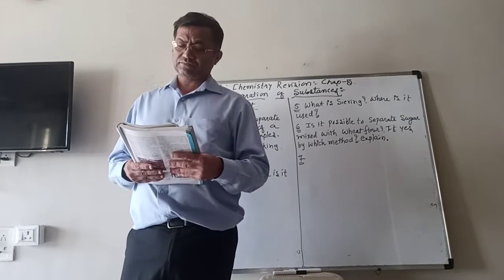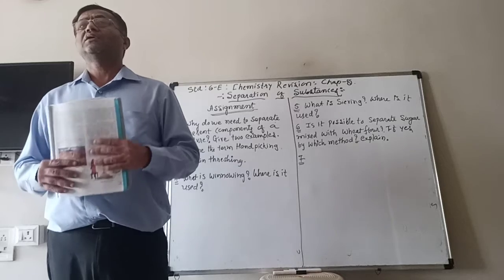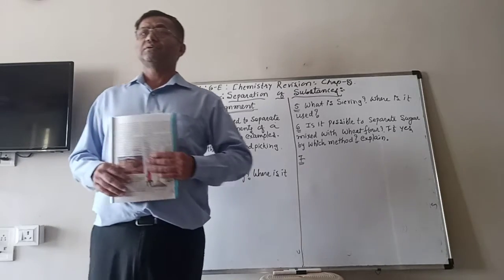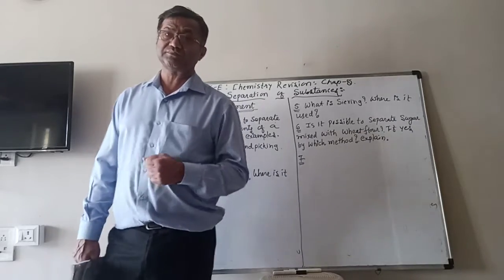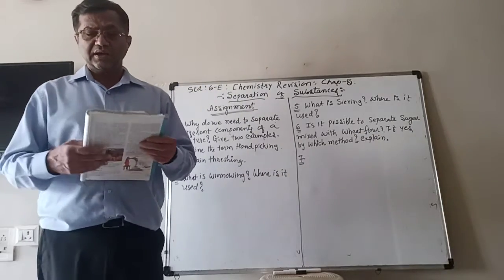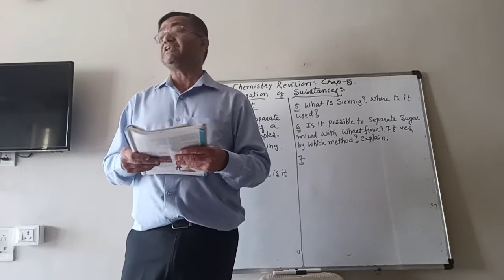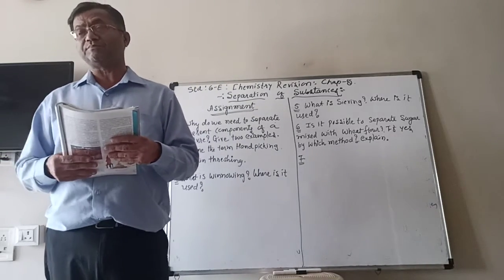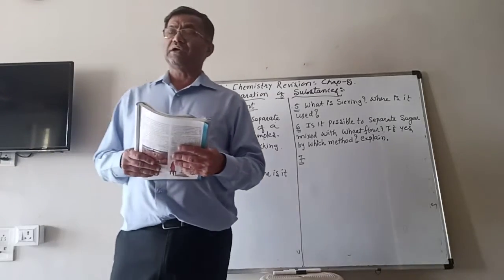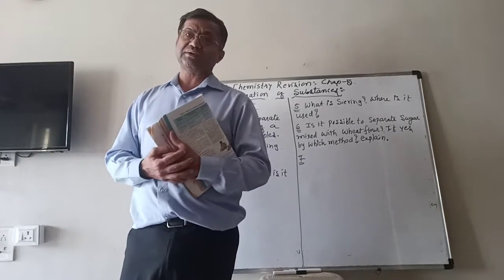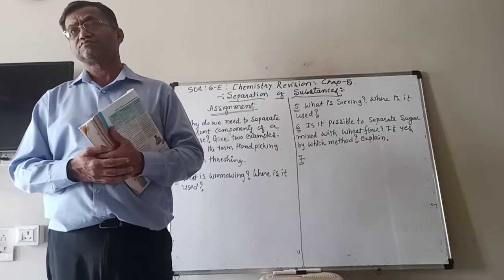Similarly, sometimes we separate mixtures because there are some harmful substances in them. There are harmful substances that we need to separate. Or sometimes in the mixture all the components are necessary.